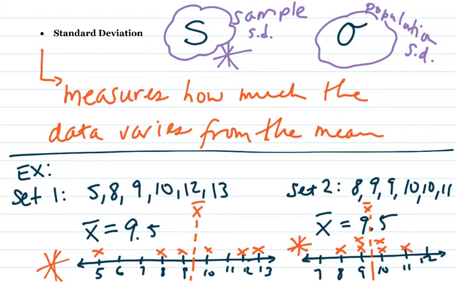The data in the set on the right are much closer to the mean, and therefore they would have a smaller standard deviation. But we're going to actually learn how to calculate the standard deviation so that you're able to not only say that, but you can also prove it.